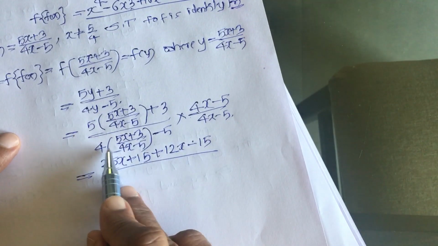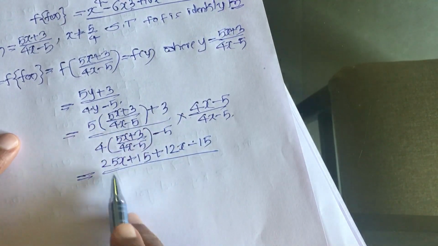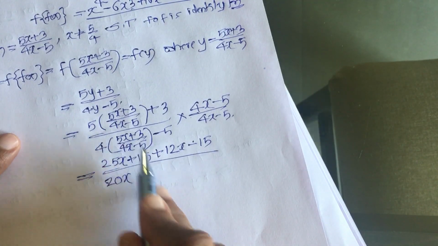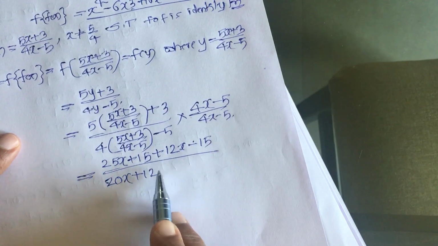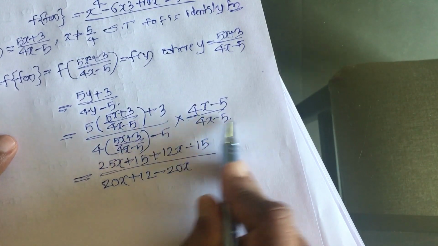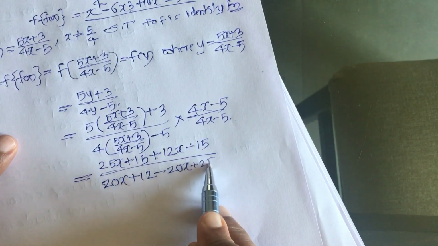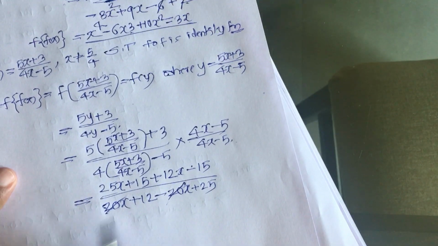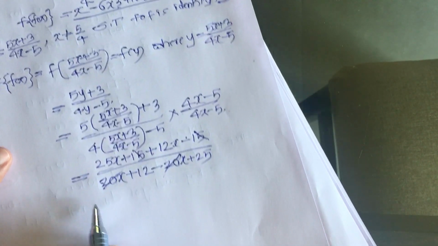In the denominator, 4x minus 5 gets cancelled, 4 5s are 20x, 4 3s are 12, minus 5 into 4 means minus 20x, minus minus plus 25. So 20x in the denominator gets cancelled, and 15 gets cancelled.